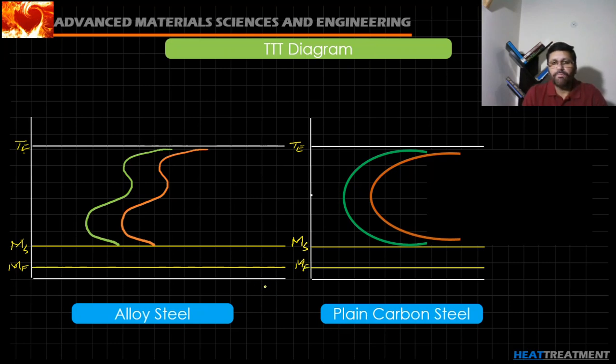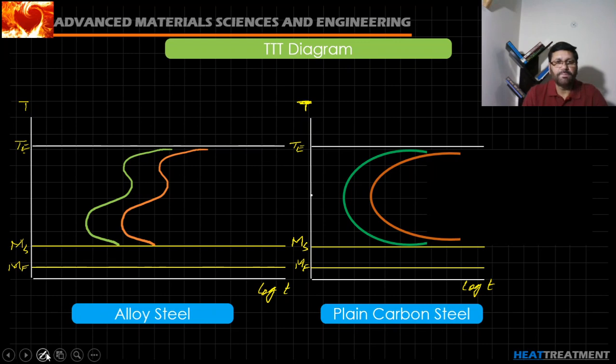On the horizontal axis we have log time, and on the vertical axis we have the temperature. Now we are considering both the plain carbon steel TTT diagram as well as the alloy steel TTT diagram.